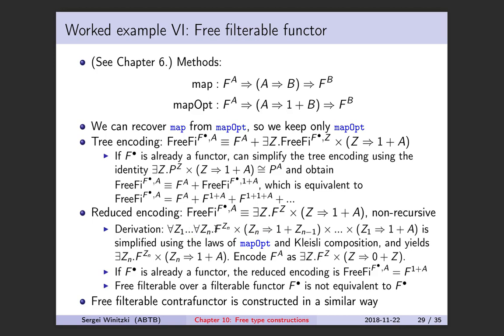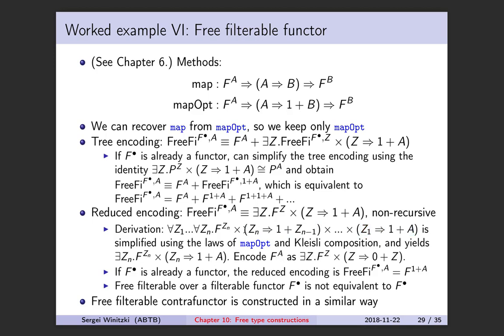Now, an arbitrary value of this type in the tree encoding would be f a, to which a bunch of mapOpt have been applied. So that will give you a product like this. Now, using the laws, remember that these are composed using the Kleisli composition, because these are of type A to Option B, so these can be composed since Option is a monad.